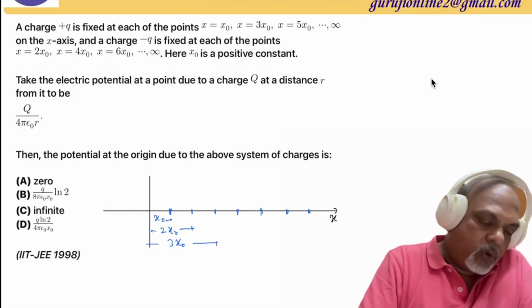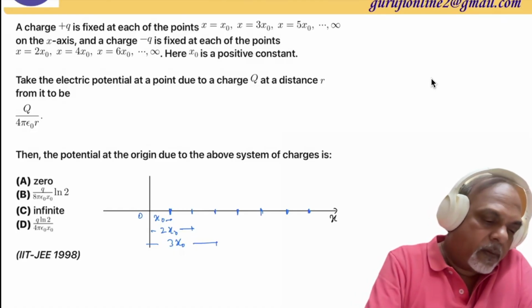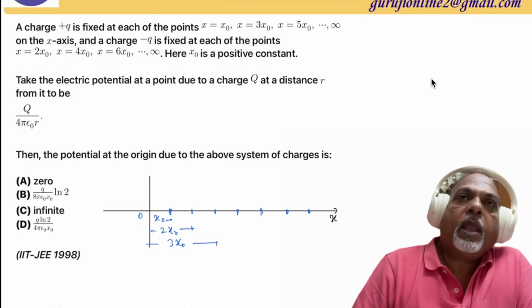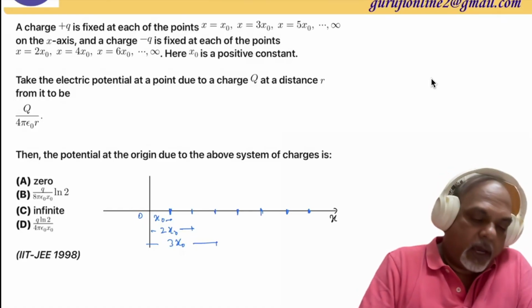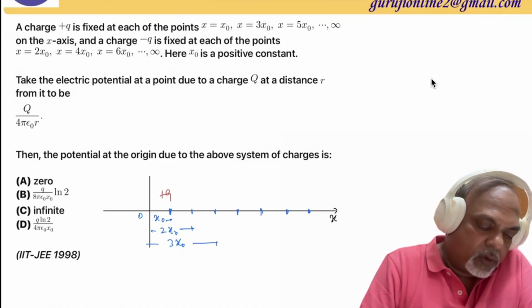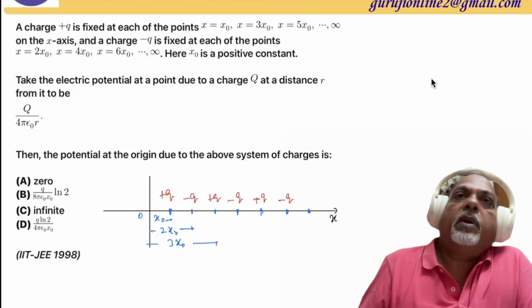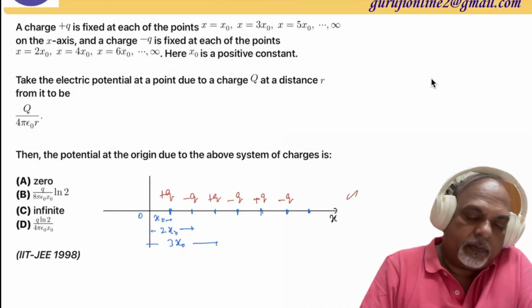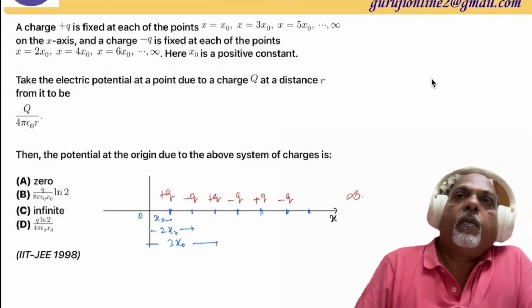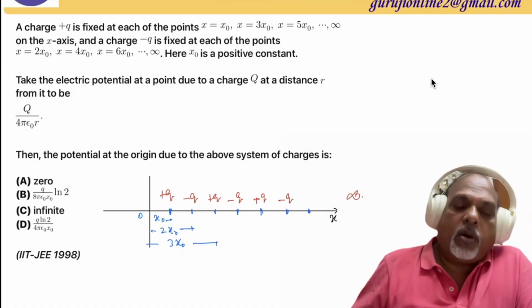And you have charges at x0 plus q, here minus q, then plus q, minus q, and here plus q, minus q, like that, till infinity. Correct? So we have to find out the potential at origin.